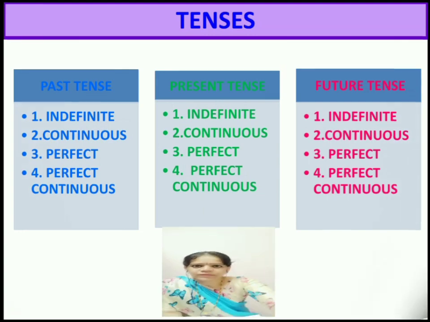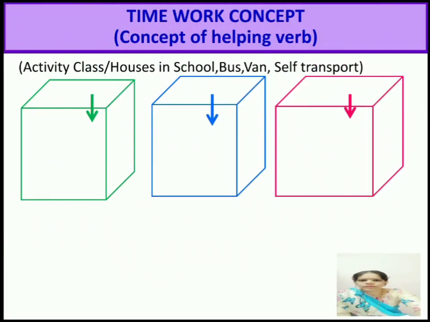Having understood the concept of time and work, let's not term them as tenses for now. Let's just blend them as the time and work concept in the form of helping verbs while framing a sentence structure. Let's first try to understand this concept.